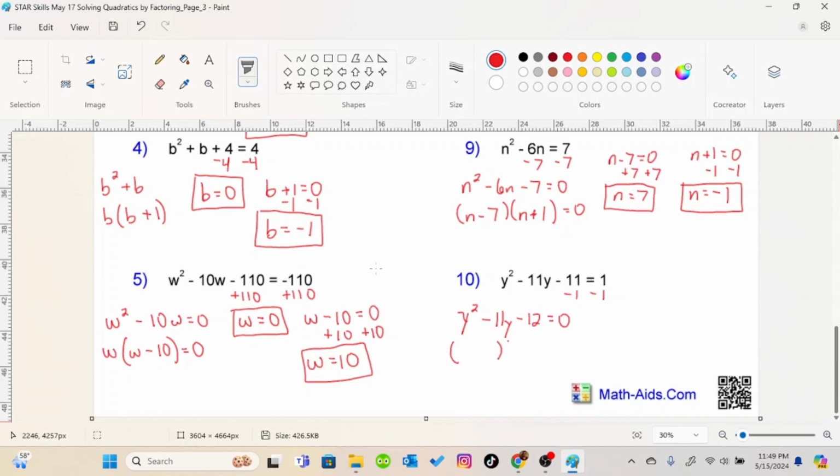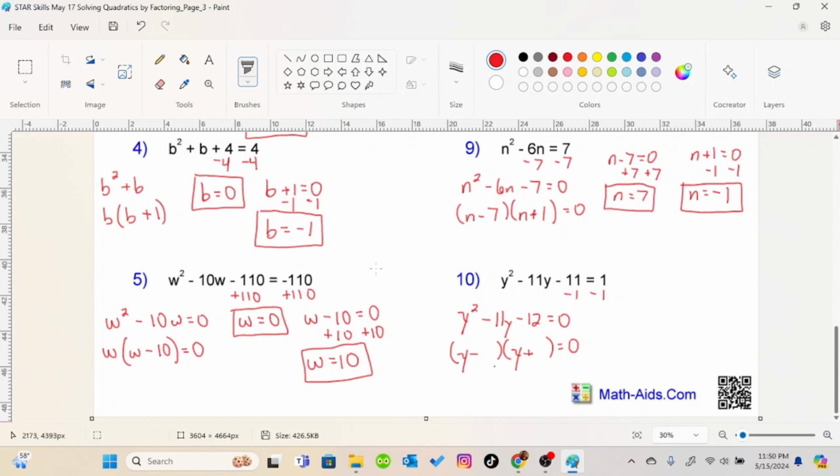To write it in factored form, we know that y squared is y times y. The second symbol being subtraction tells us the signs are opposites. The first symbol being subtraction tells us the larger factor should be negative.